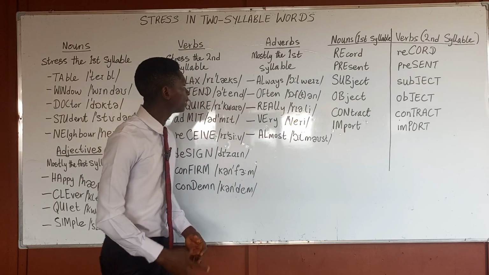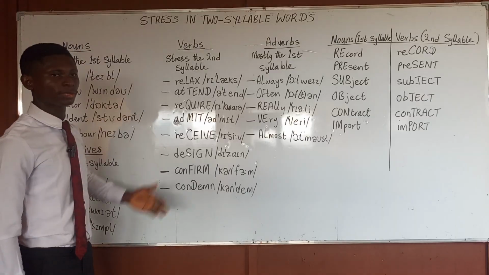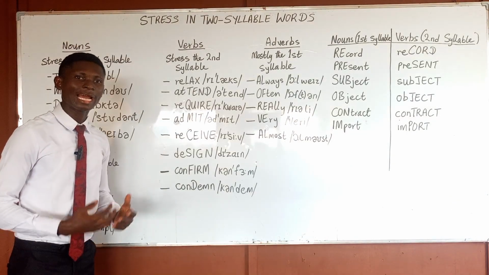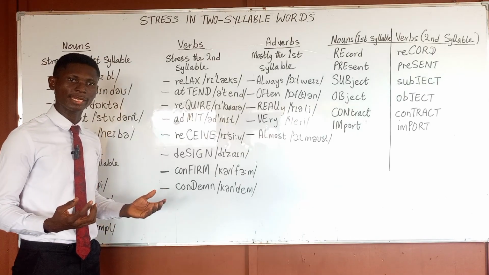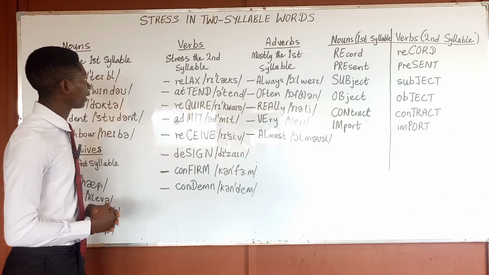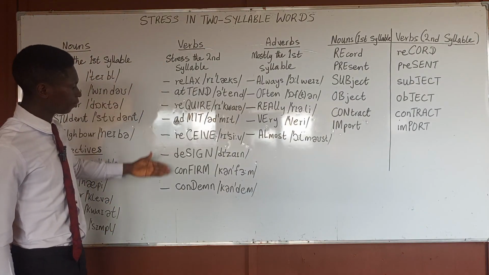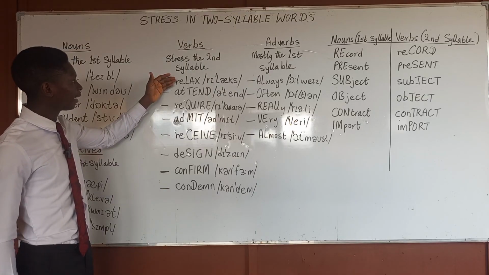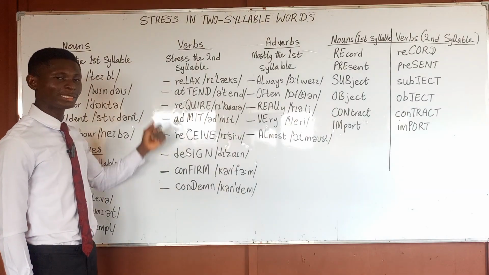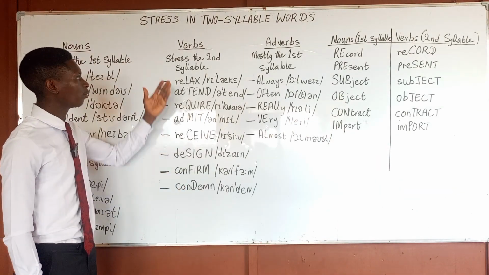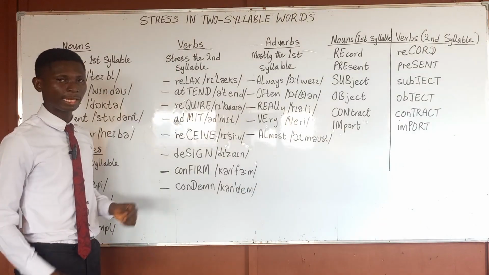All right, let's also look at verbs. What are verbs? Action words, or words you use to indicate the state of being. All right, so we have a good number of verbs here, and you can consider with me and agree that the opposite is the case when it comes to verbs with two syllables.